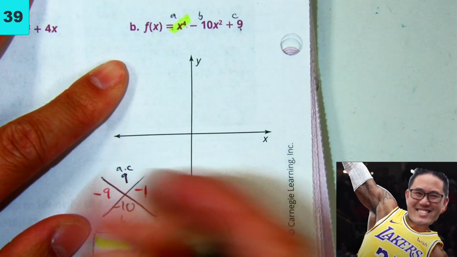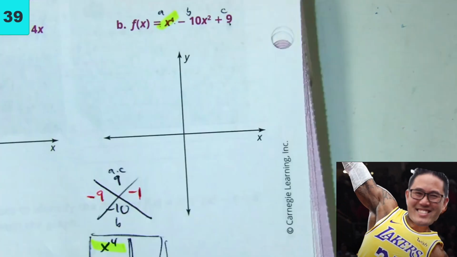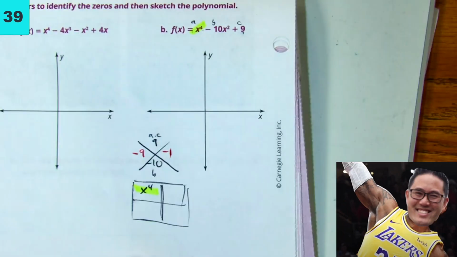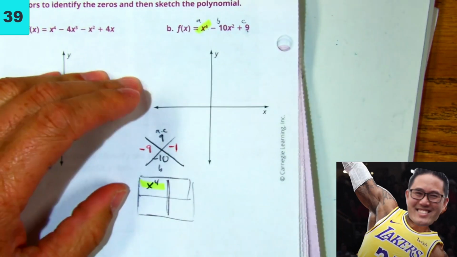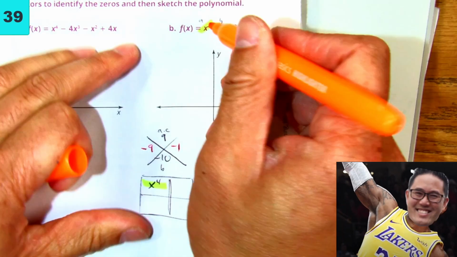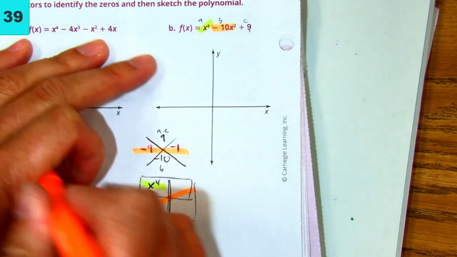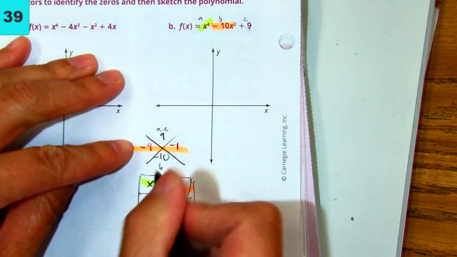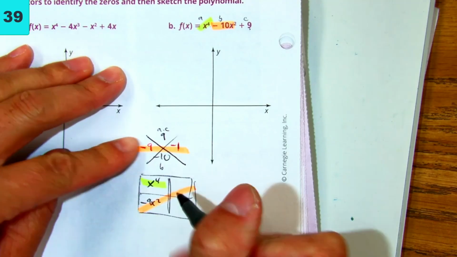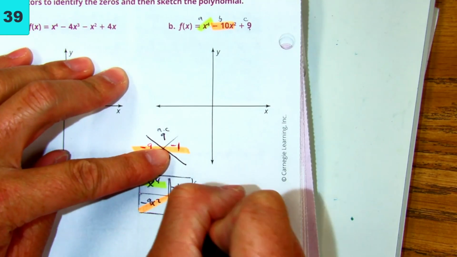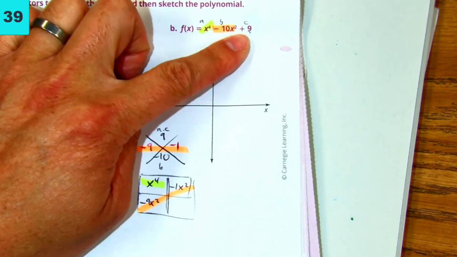So that becomes x to the 4th. I'm always going to take the middle term, which we just split, and pay attention, remember that is x squared. So negative 9x squared and negative 1x squared. And then I have positive 9.